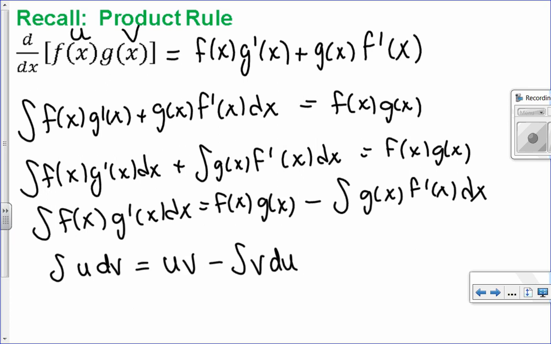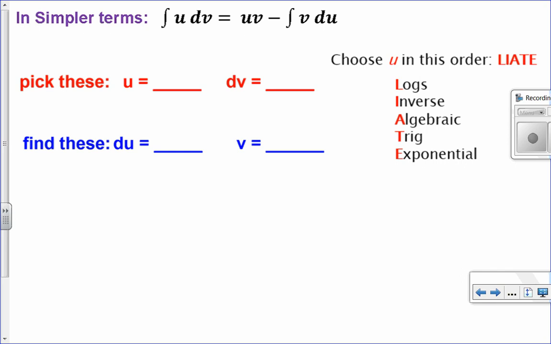So this would be the nice shorthand for integration by parts. So the integral of u dv, that's your product, is equal to u times v minus the integral of v du. Now you're going to pick u and dv, and you're going to find du and v, and then just substitute it into that formula.